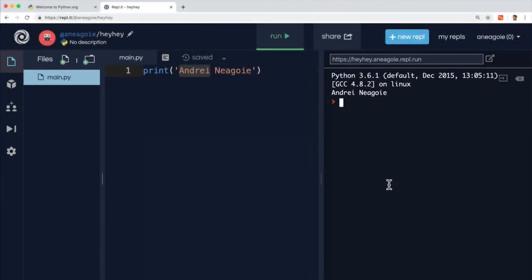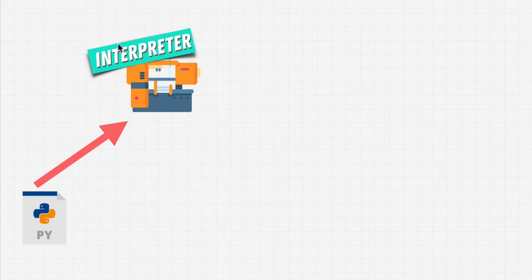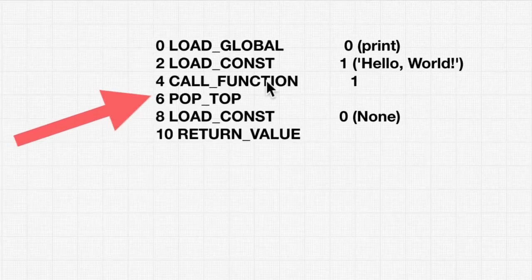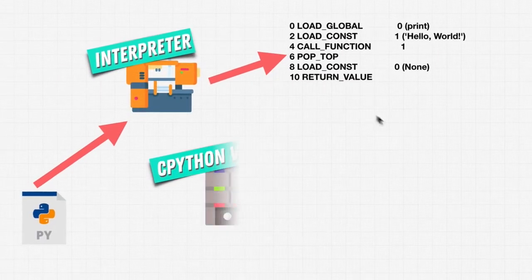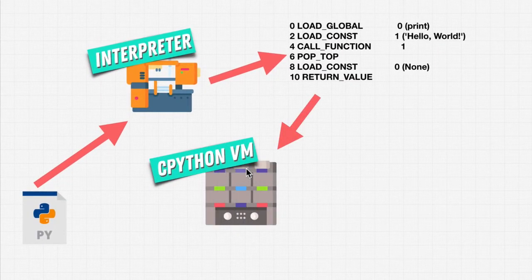That's awesome. So this is our code running. Remember this diagram. All we've done is we have our main.py, where we wrote print Andre Nagoye. We gave it to the interpreter that the REPL already provides for us. That interpreter takes our code, converts it into bytecode, and here it'll say Andre Nagoye, and then it runs it in the CPython VM, which was on the right side that we saw.